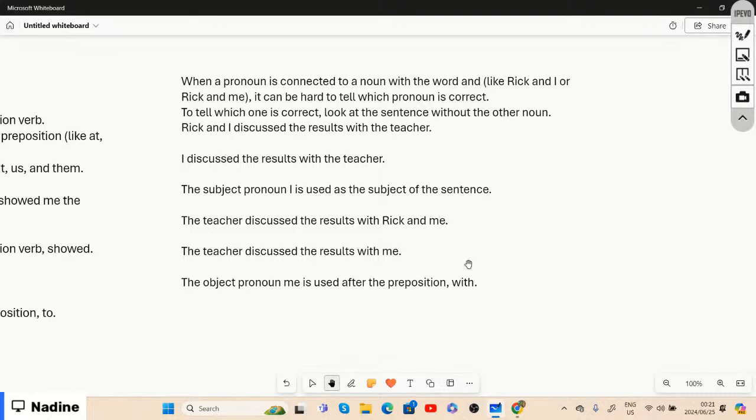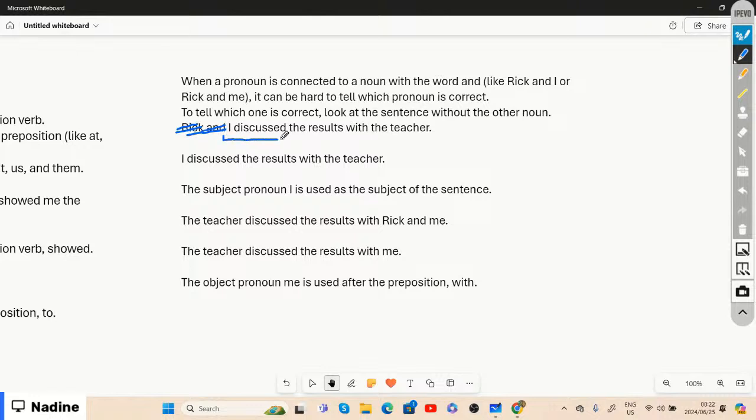So, for example, if we say Rick and I discussed the results with the teacher, it's almost like you are removing Rick and then you see if that sentence makes proper sense without Rick and.